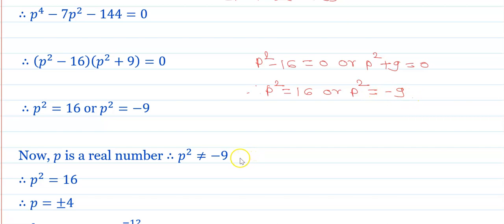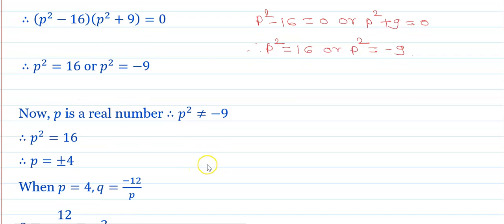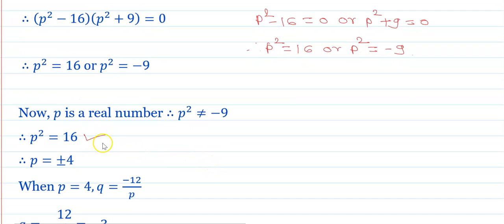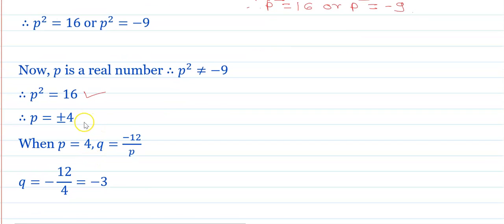The square of a real number is always positive. Therefore p square is not equal to minus 9, and hence p square is equal to 16. Take the square root on both sides, then you will get p equals plus or minus 4.